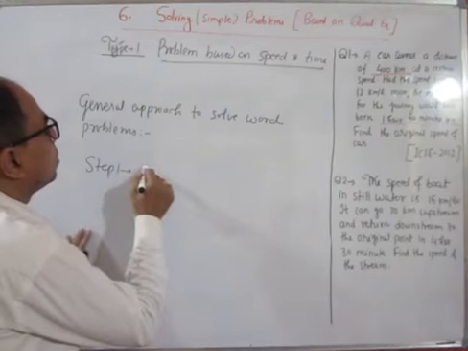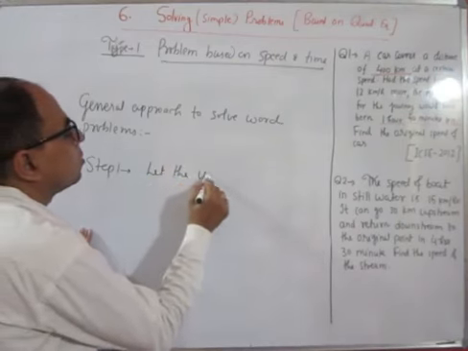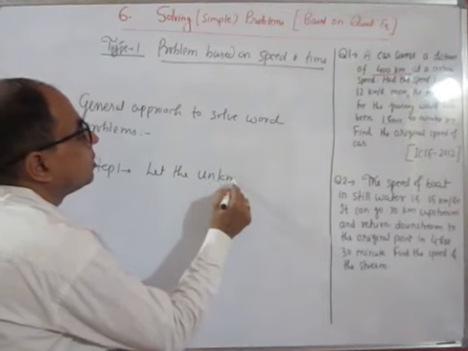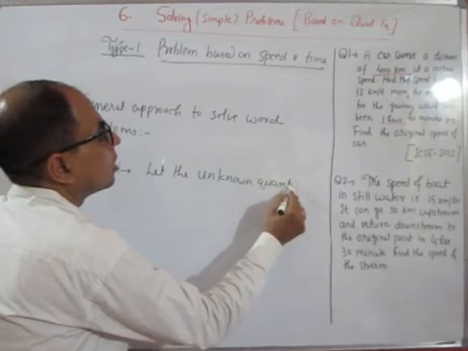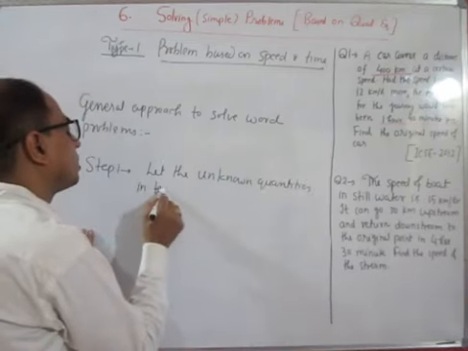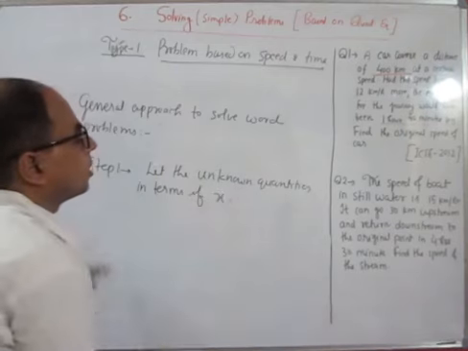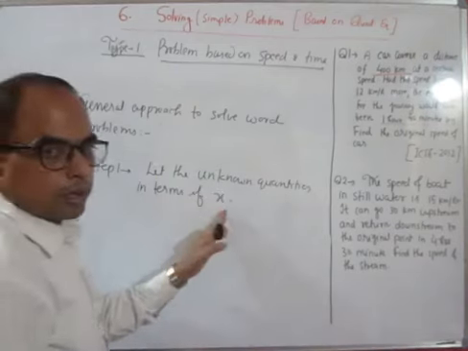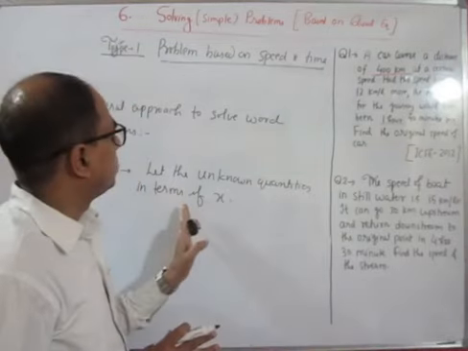So let the unknown quantities in terms of x. Whatever unknown quantities are given in the question, let them be in terms of x.